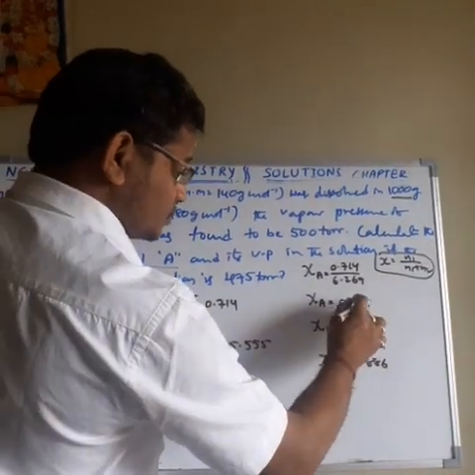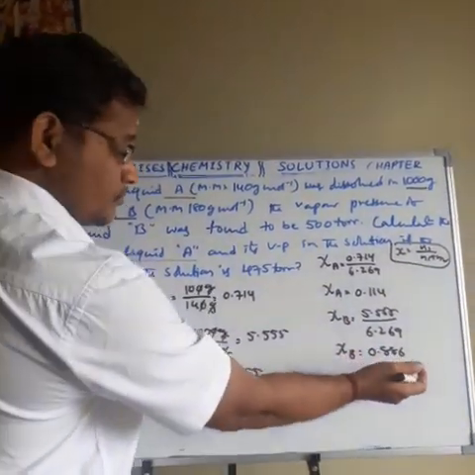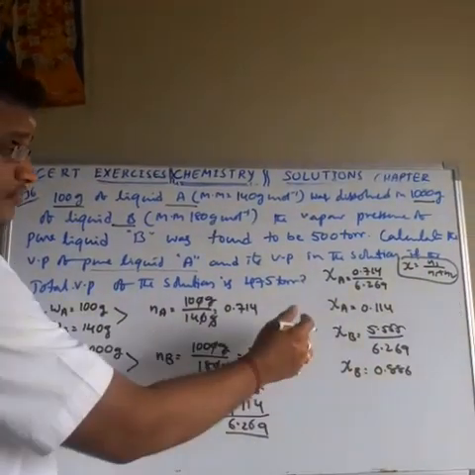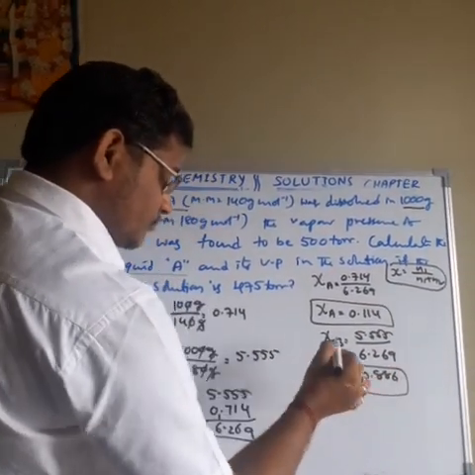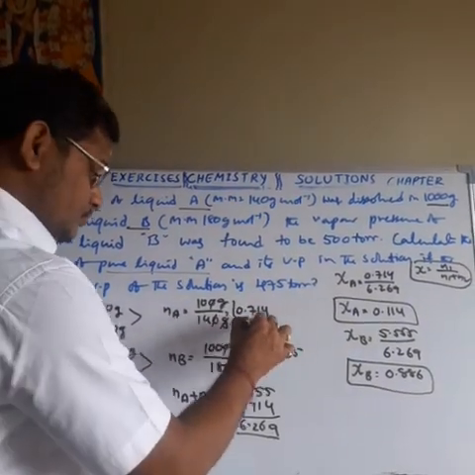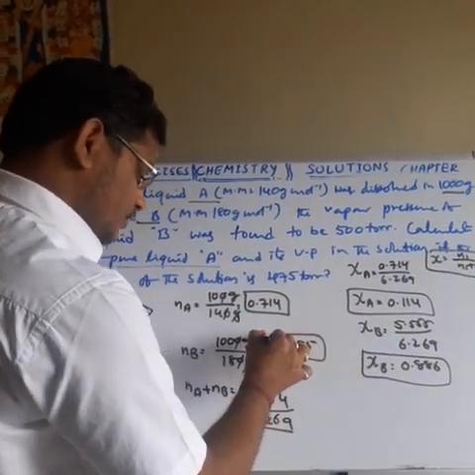Otherwise, 1 minus this value also gives 0.886. So this is the mole fraction of the solute and the mole fraction of the solvent.